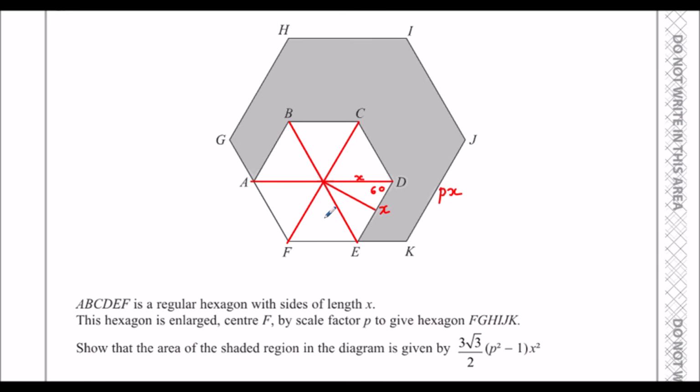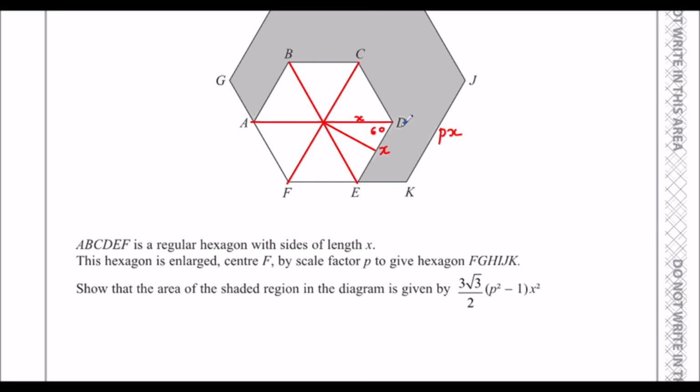It doesn't matter which one of those we use. We can use SOHCAHTOA to find the height and do half base times height, or we can use half AB sine C. Either way, we're going to end up with the same area for each one of these triangles. Let's use half AB sine C.